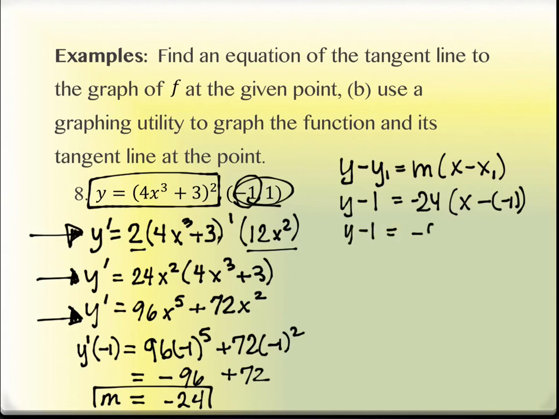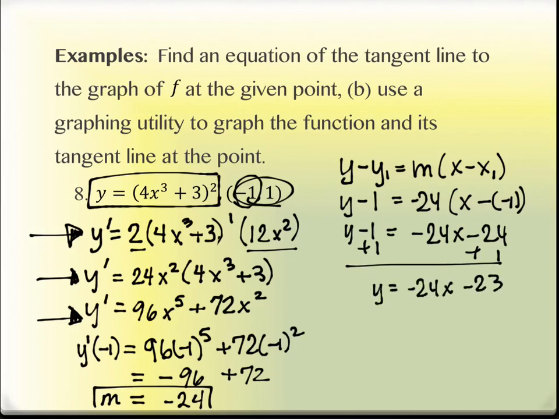Simplifying, this gives me -24x minus 24. Adding my 1 makes it minus 23. So y equals -24x minus 23. So this is the answer, if you will, to part A, the equation of the tangent line.